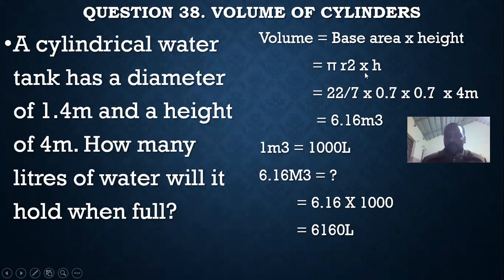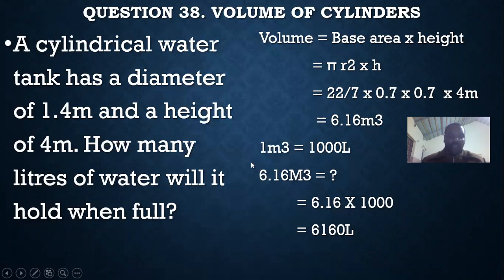So it is pi r squared times height, 22 over 7 times 0.7 times 0.7 times 4. The 0.7, I've divided the diameter by 2 to get the radius. 1.4 was the diameter. So it is 22 over 7, which is pi, times 0.7 times 0.7, that is pi r squared, then times 4. We get 6.16 cubic meters.